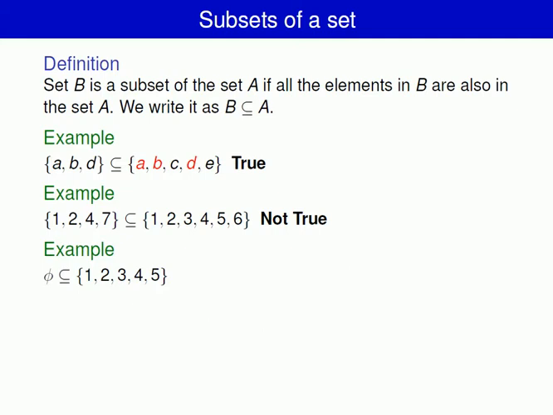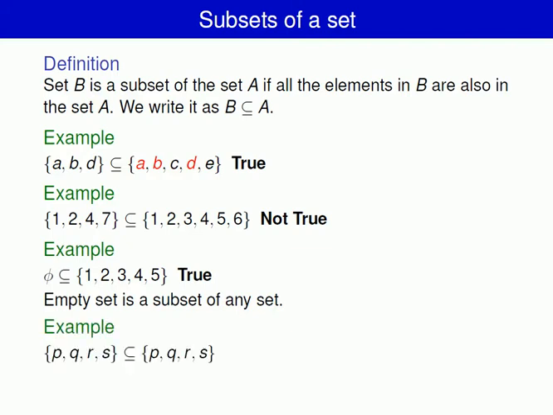In other words, are there any elements in the first set but not in the second set? Obviously, the first set is the empty set. There are no elements in it. Therefore, there is no such element which violates, like in the previous example. So we have to claim that it's true. As a rule of thumb, the empty set is a subset of any given set. The empty set is a subset of itself as well.